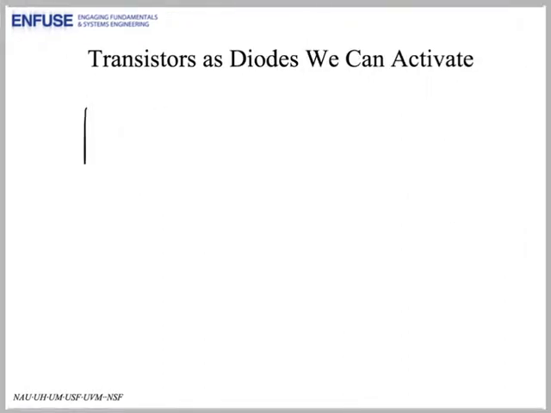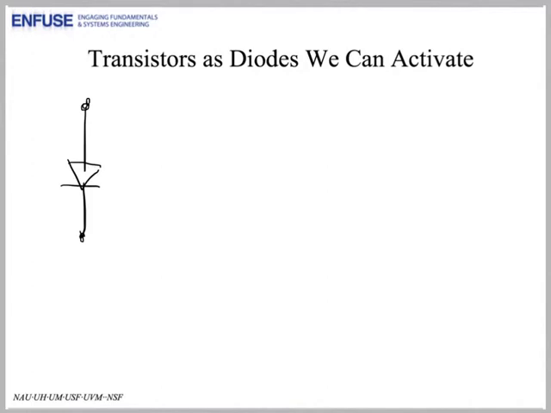Our diode was a two-terminal device. So we basically had a way to get current in and a way to get current out. Now, in the case of transistor, again, we're going to use a special transistor called a MOSFET, or FET.